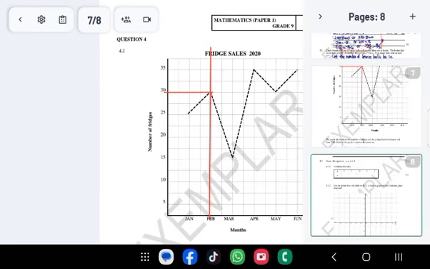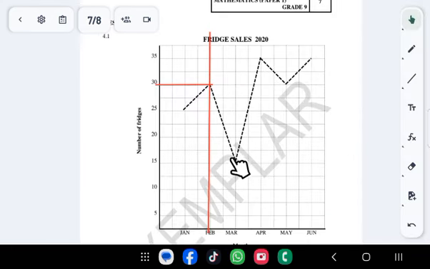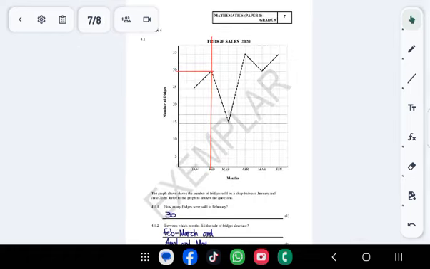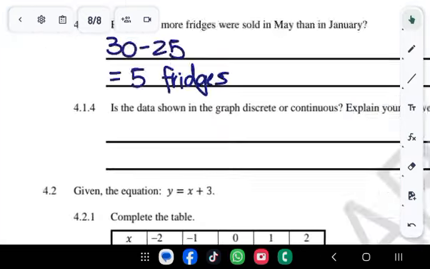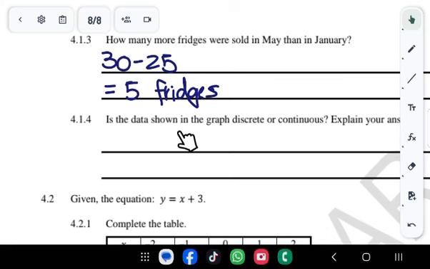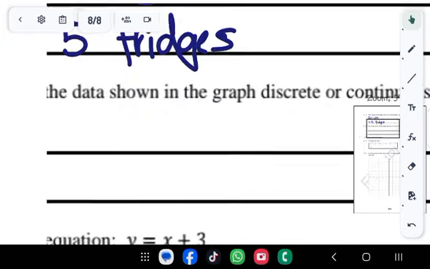However, the way the graph has been drawn, it has dot, dot, dot, dot. The lines sort of connect, but the data shown in the graph is discrete.